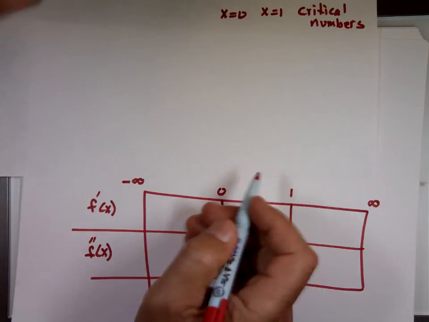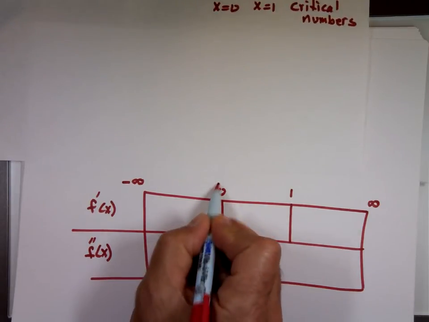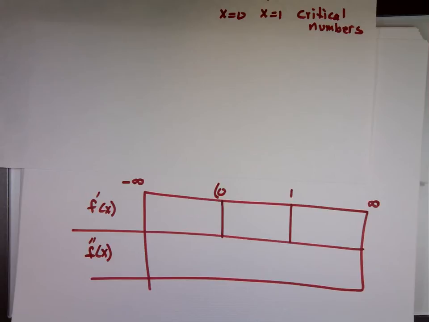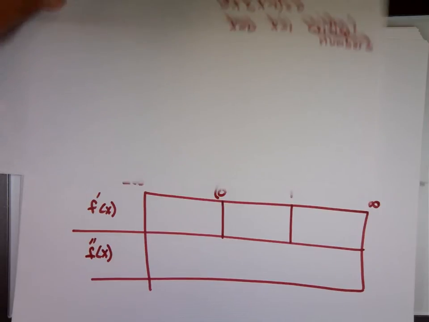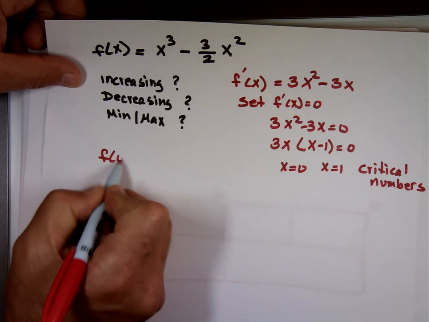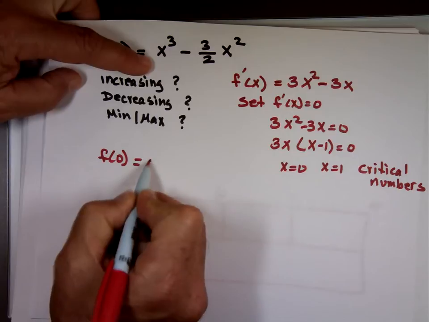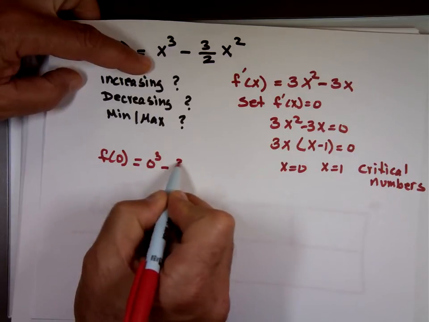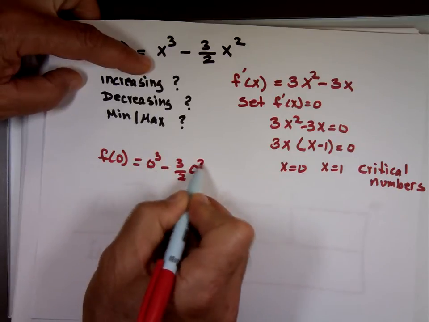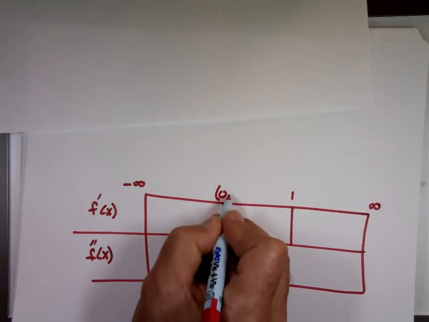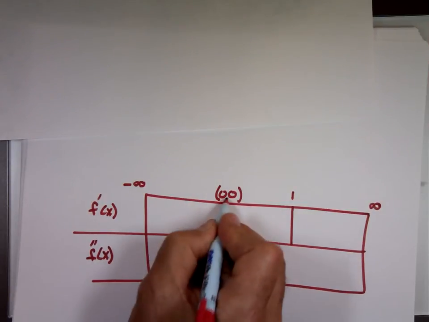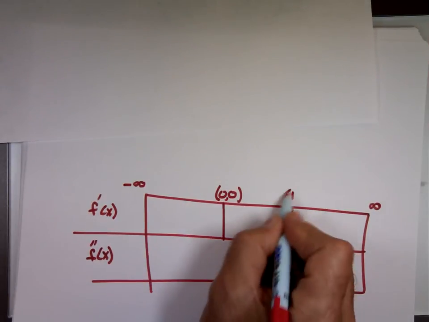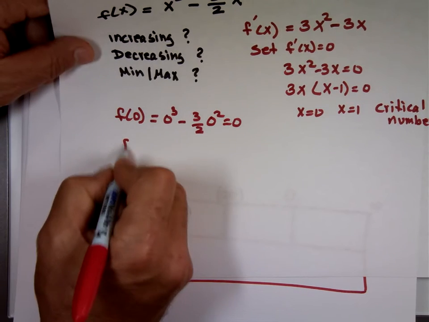If I know the x value 0, can you find the y value? The y value, not the derivative, because that's the point. When x is 0, what is the y value? 0 cubed minus 3/2 times 0 squared, which is 0. Perfect. So when x is 0, y is 0. When x is 1, what's the y value? No, it's not the derivative.